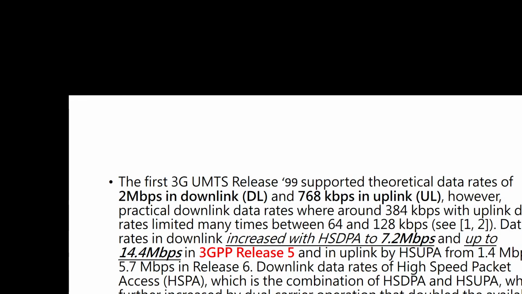That's pretty slow. Then they released a technology called HSUPA, from 1.4 megabit per second to 5.7 in release 6.